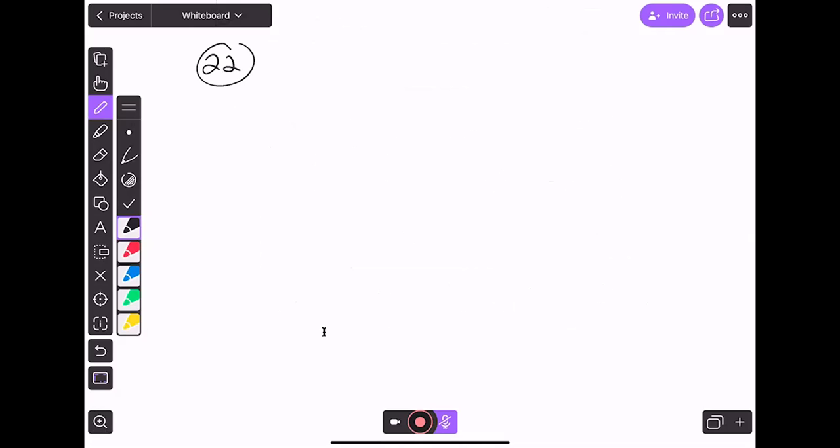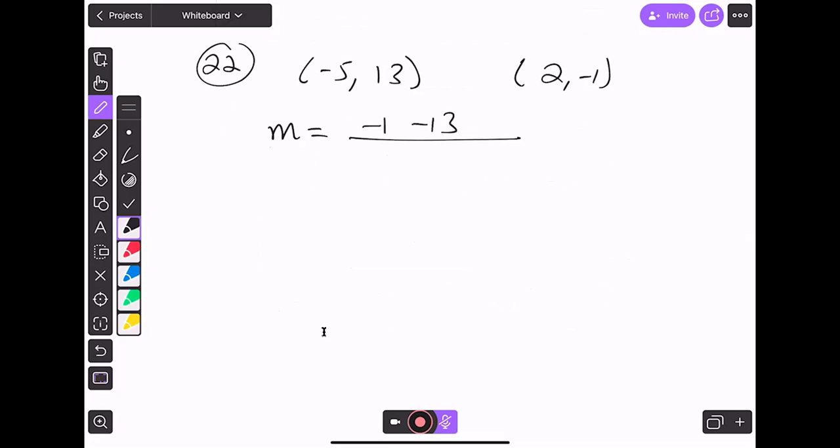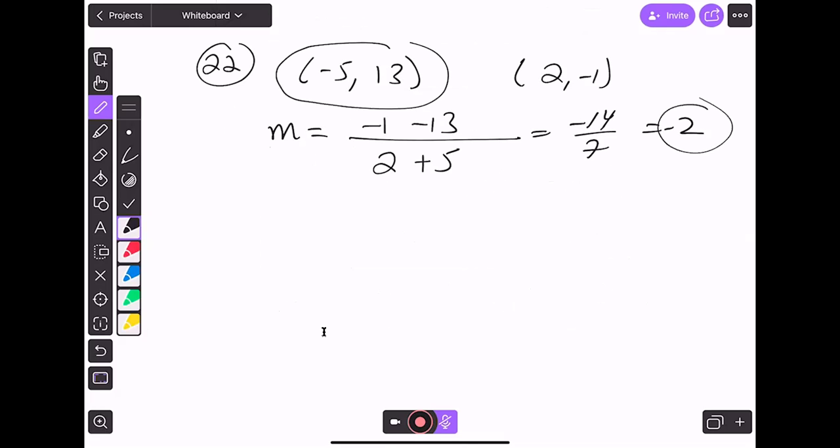22 is find an equation of a line. They give me 2 points. And 2 minus 1. Write slope down first because I need slope. And it's going to be minus 1 minus 13. That's a change in y's. Over 2 minus a minus 5, which is 2 plus 5. Minus 14 over 7, which is minus 2. Well, I'm going to take this point and this slope and write the equation of the line down.